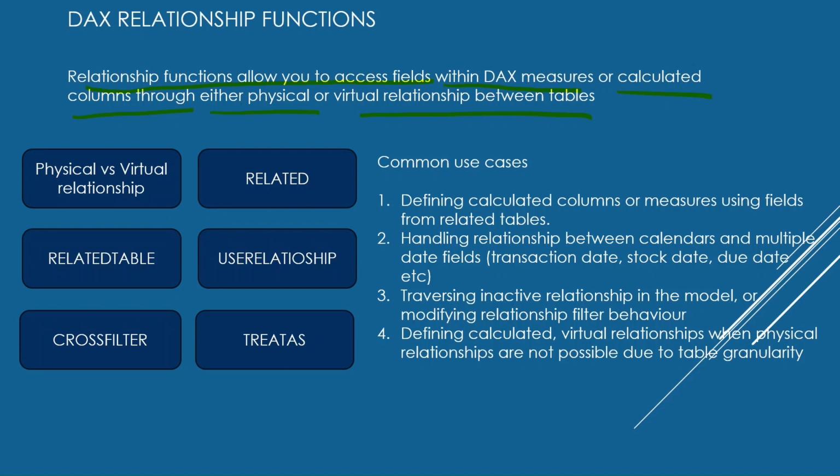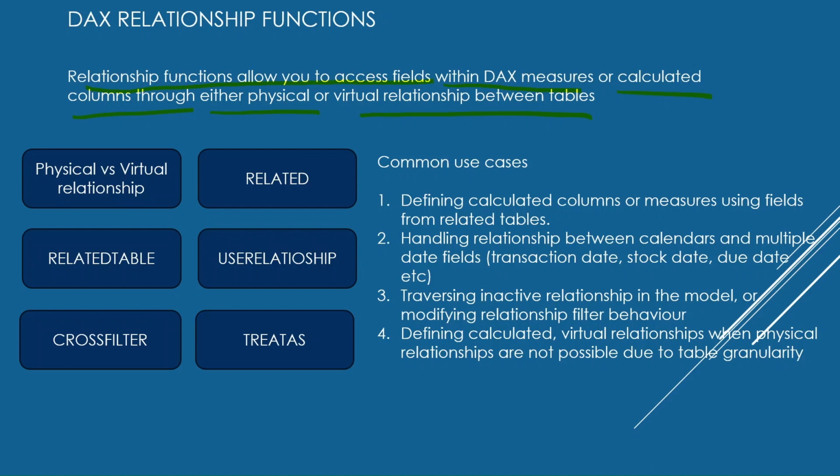With the help of a relationship function, we can access fields within DAX measures or calculated columns. The relationship could be a physical relationship as well as a virtual relationship. Either will work. With the help of a DAX relationship function, we can access fields which are present in another table whenever we write DAX measures or calculated columns.